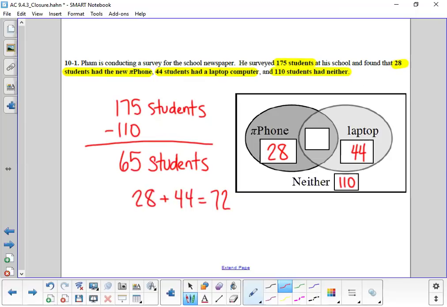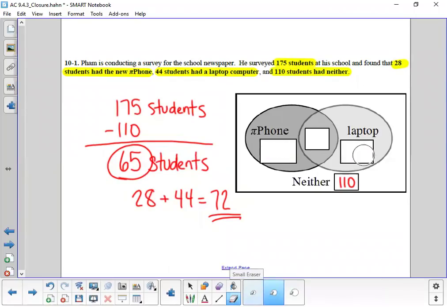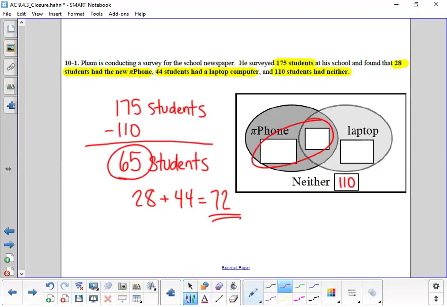But I know that that's over the total number of students that had those. So that means that I'm not going to have 28 and 44 here. Instead, these two added together have to equal 28, and these two added together have to equal 44. So I need to figure out, what is this overlapping number right here?